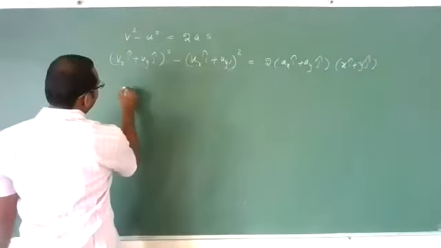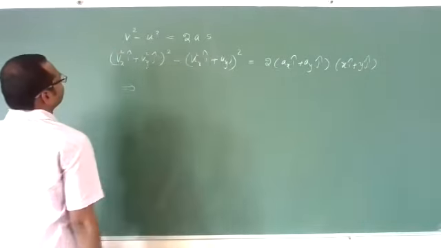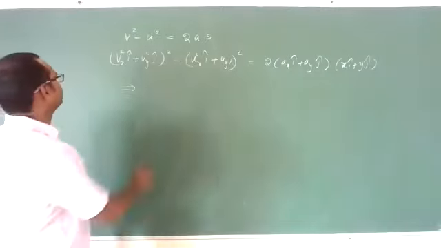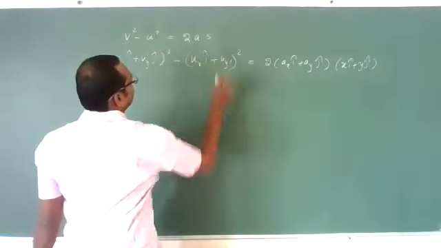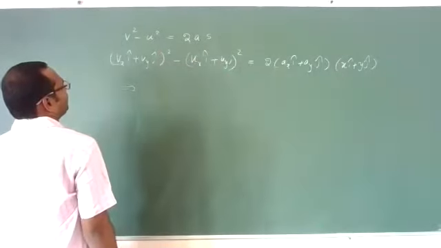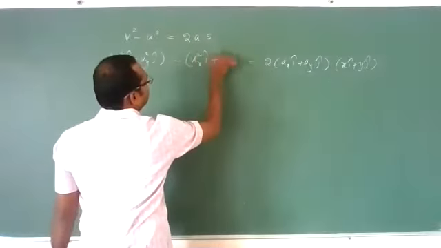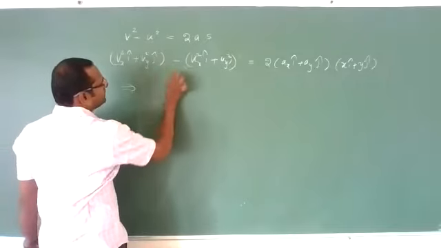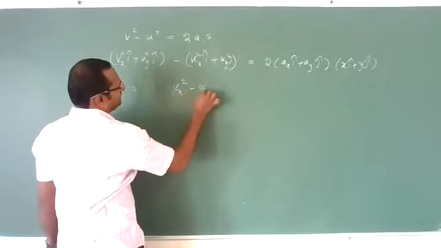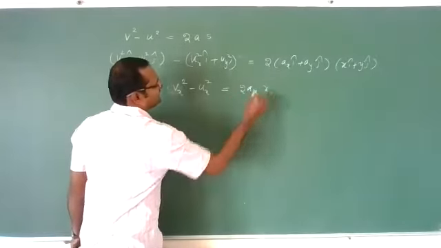If you compare only the i component and the j component, you will get vx square minus ux square equal to 2 ax into x.